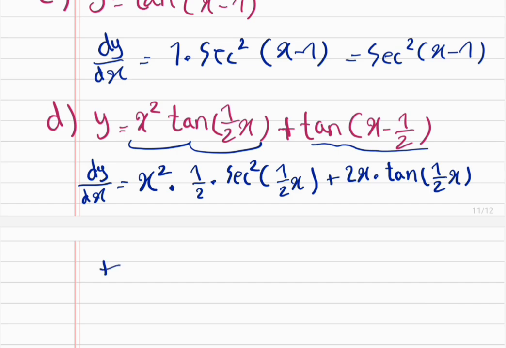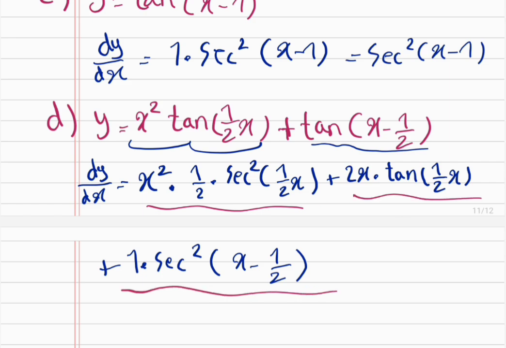That differentiates to half. And tan differentiates to sec squared. Inside the bracket is just the same. And this is the final answer. So yeah, basically we have 3 different terms. So one is this one plus this one plus this one.